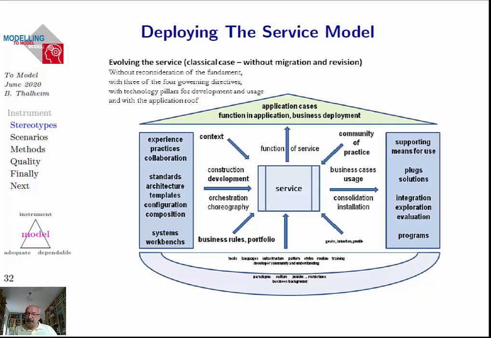In this case, we accept whatever has been given already in the background, and we use our methods for development and the methods for applying the service for proper deployment of the service. That means in this case, we have already a number of methods for the utilization, evolving the service especially, maybe without migration and revision of the given service.